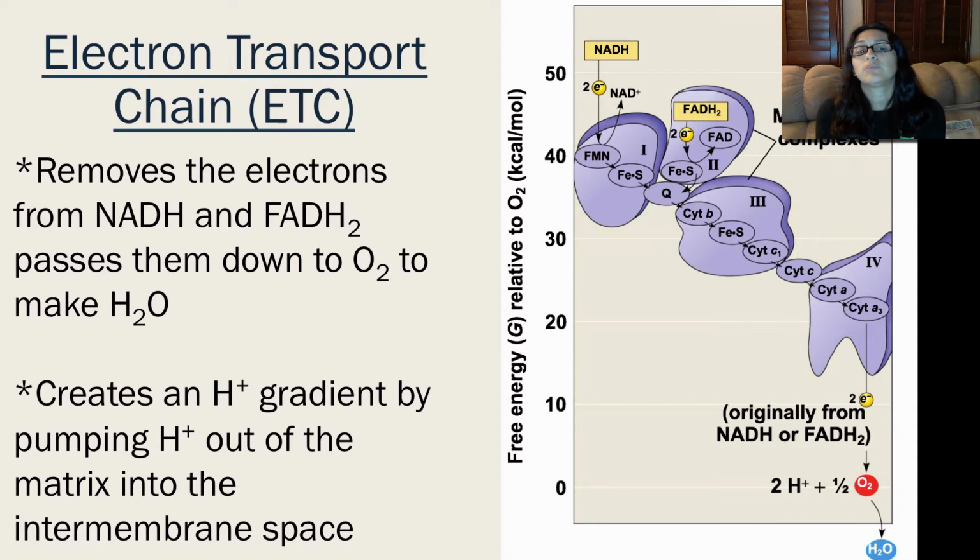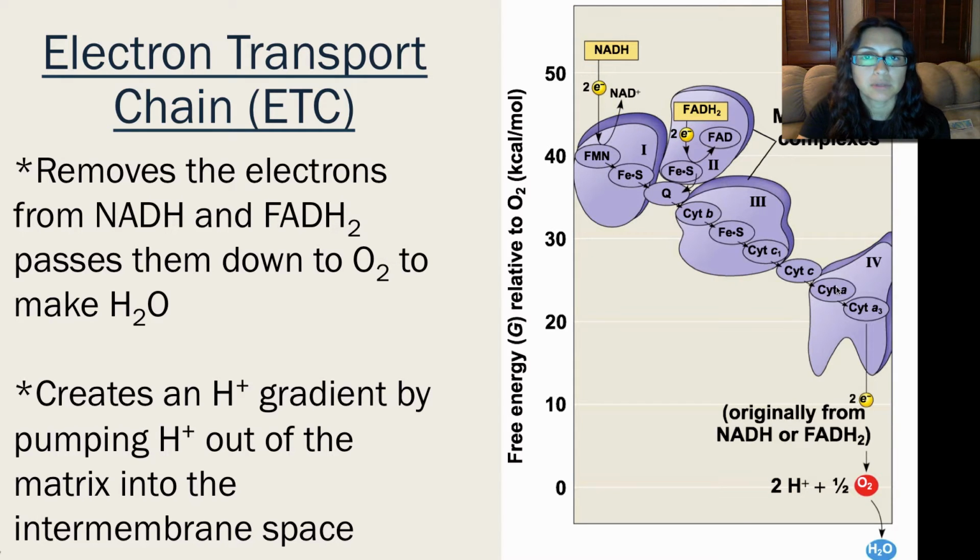So for the electron transport chain, if we look here, we're going to remove electrons by pulling off that hydrogen and separating the electron from the hydrogen atom. And we're going to pass those electrons along a series of protein complexes here. These littler circles here are simply proteins.